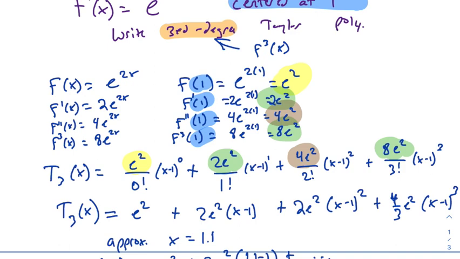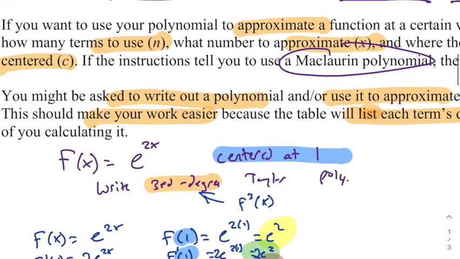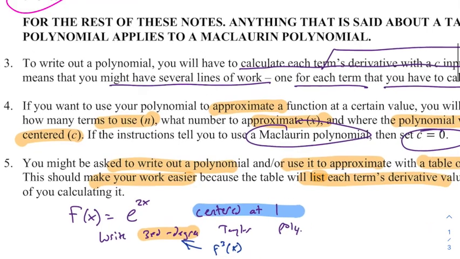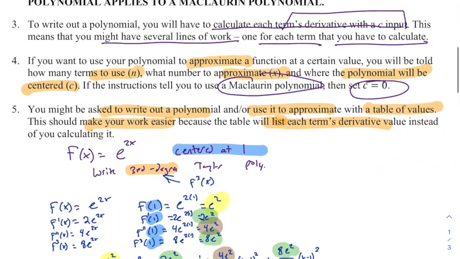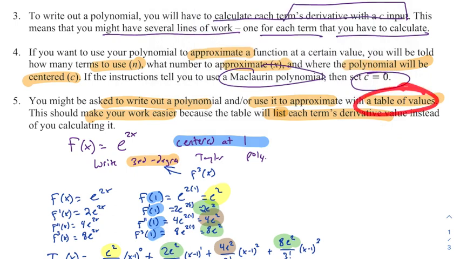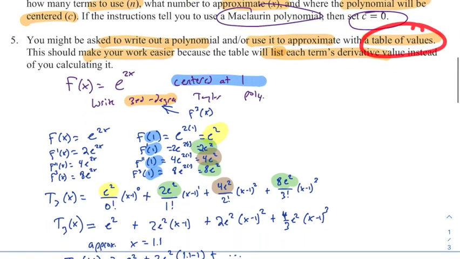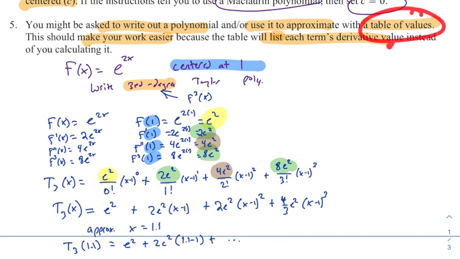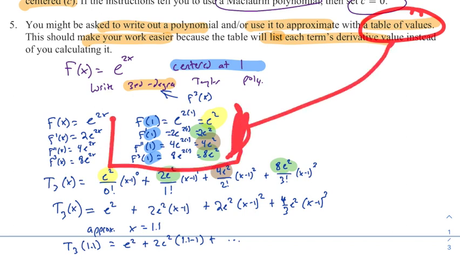Now there's another thing I want to say, and then there's one more example I want to give you, because it's really important that you start to see this second example. But the other thing I want to say is that you might be given tables of values, especially on multiple choice questions, and maybe even some free response, that has a lot of this work already worked out.